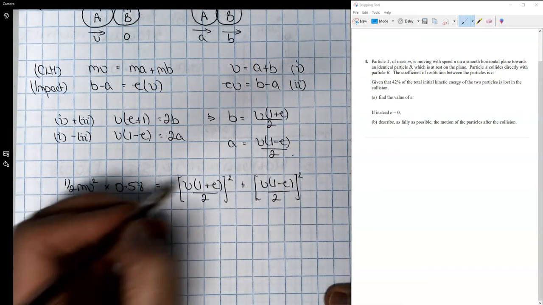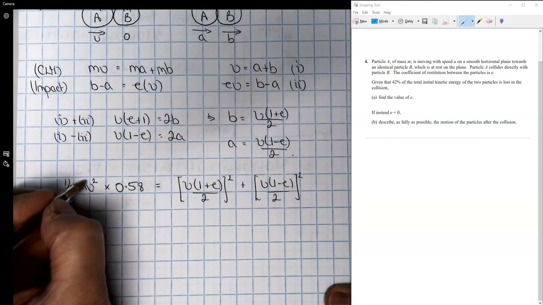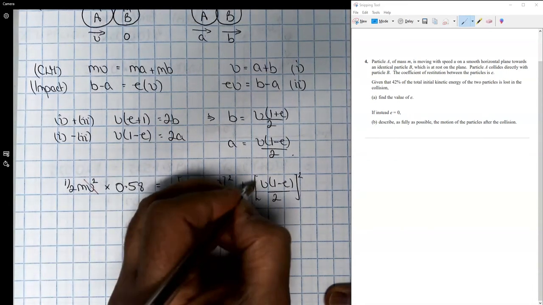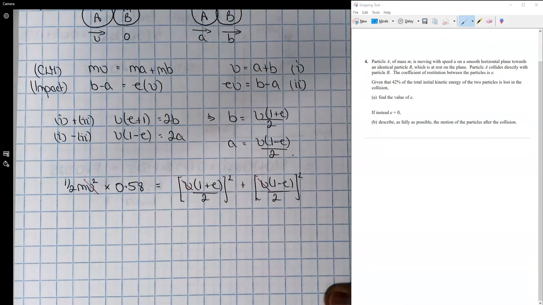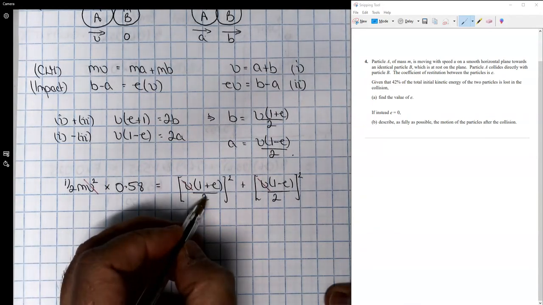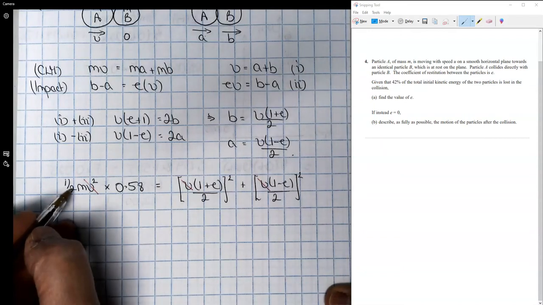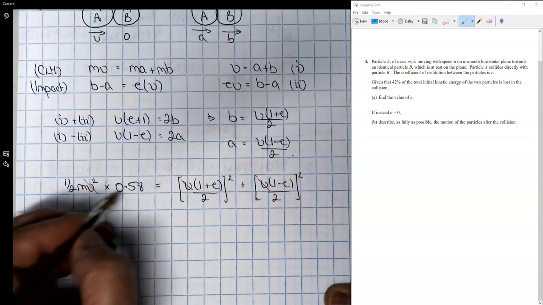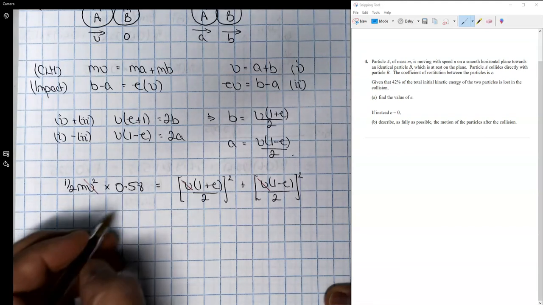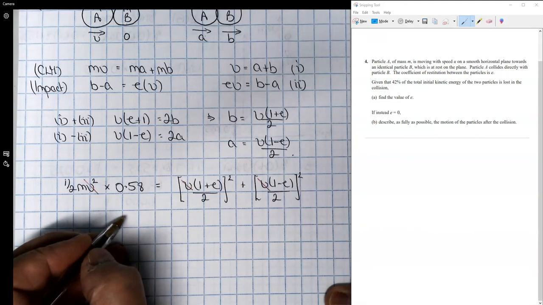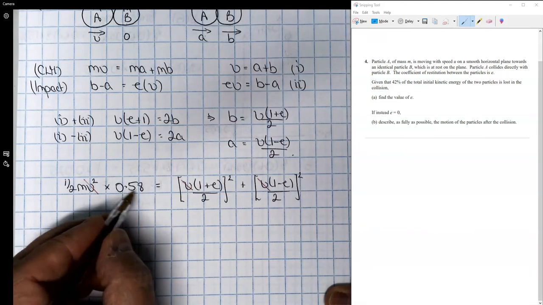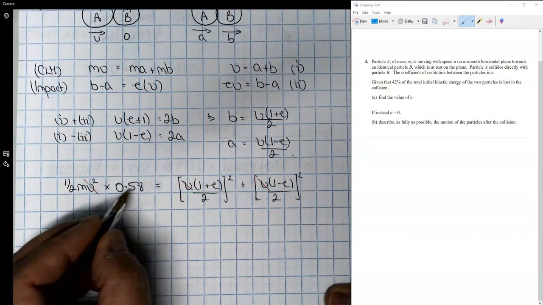Okay, now we've got a u squared throughout, so I can get rid of that. This is a 4, so I can times it all by 4. Half of 0.58 is 0.29, double it is 1.16.